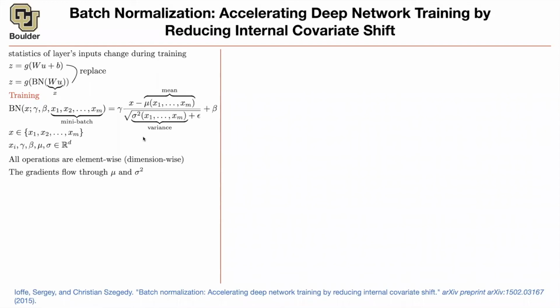Any other questions? I guess I'm unsure what it means when you say the gradients flow through mu and sigma squared. So how do you get x1? x1 has a weight, and this is the input to this layer of your neural network. Even mu depends on some parameters.